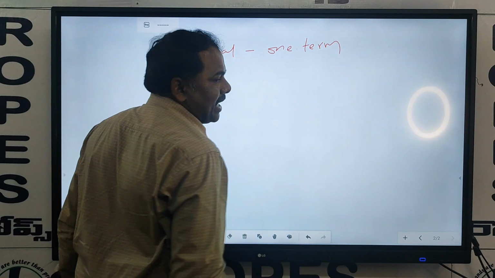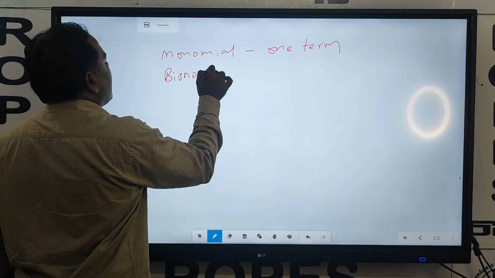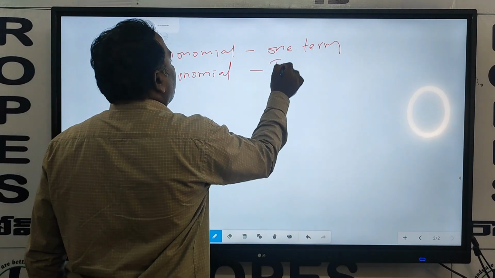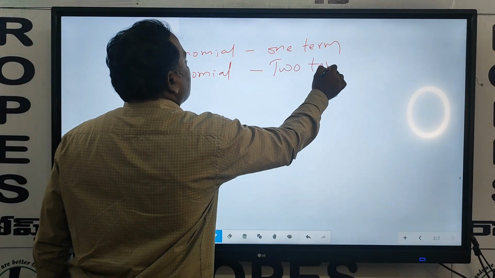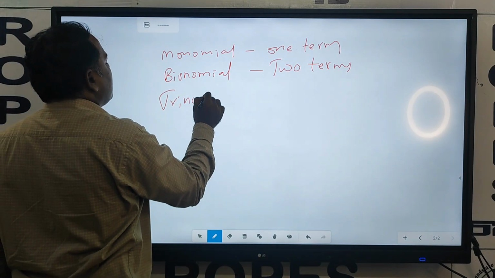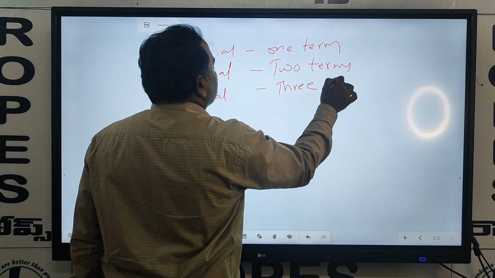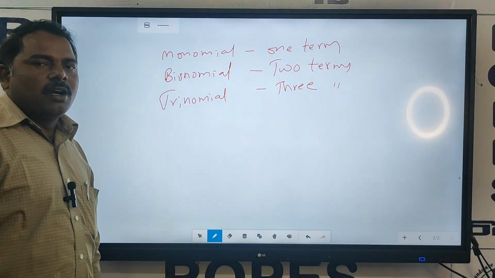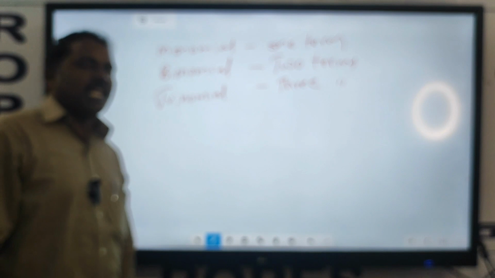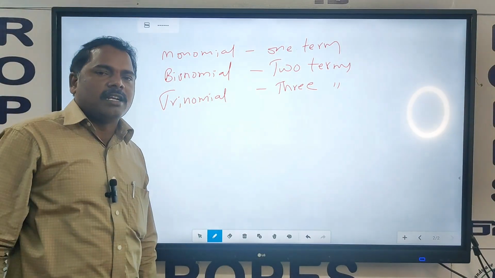So by seeing only you can identify and you can write. Okay, this is the second question. Classifying the monomial, binomial and trinomial. So by seeing only you can write this one.